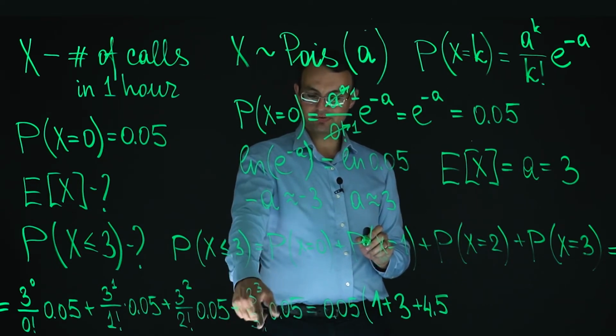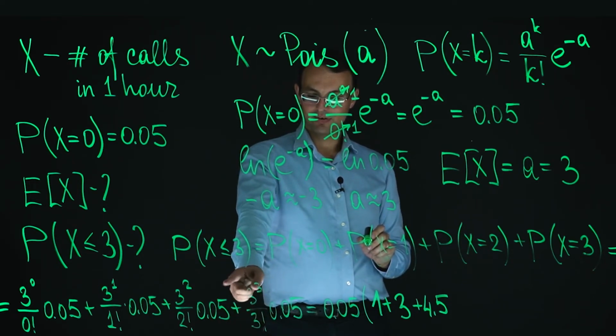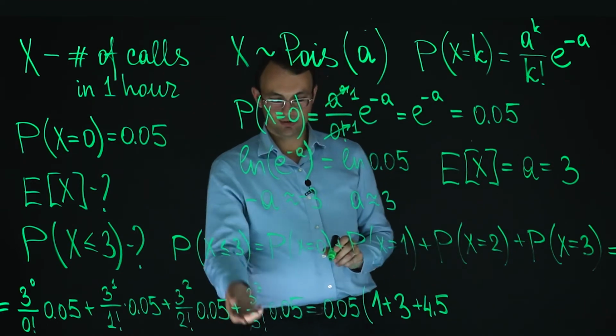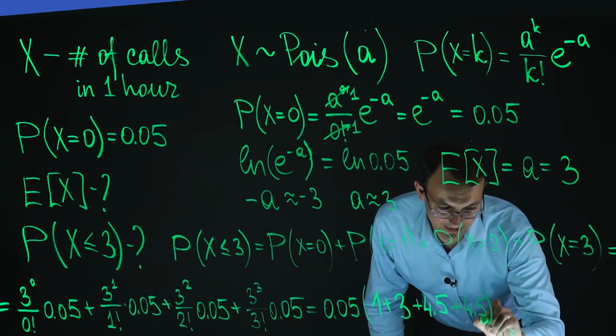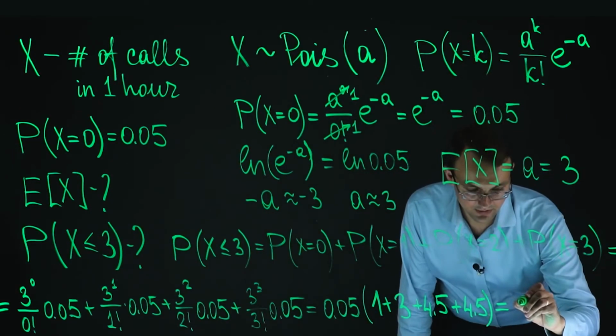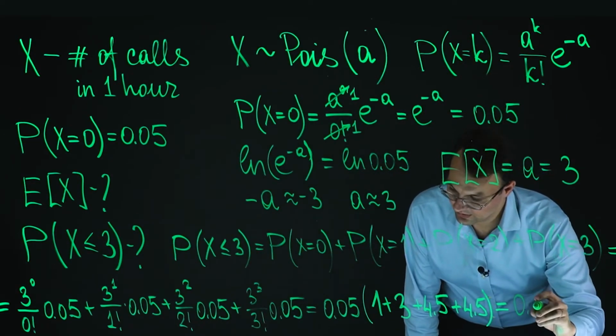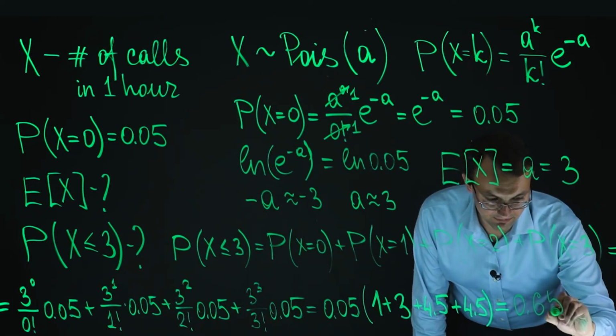So 3 is cancelled, and we have 3 squared over 2, so plus 4.5. Finally, we have 0.65.